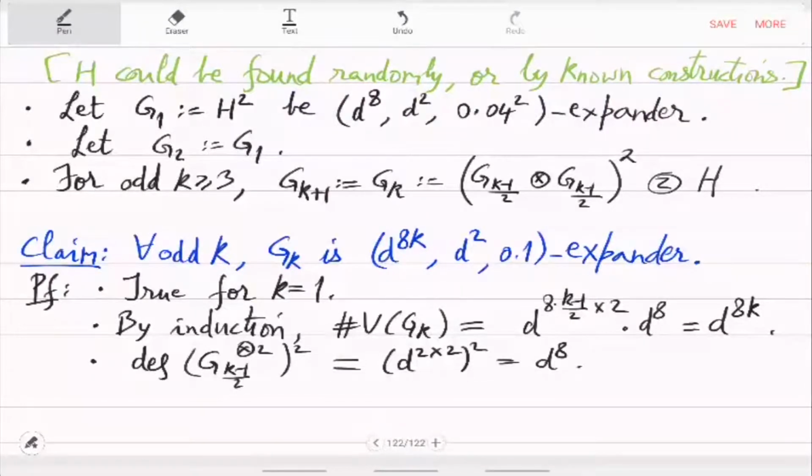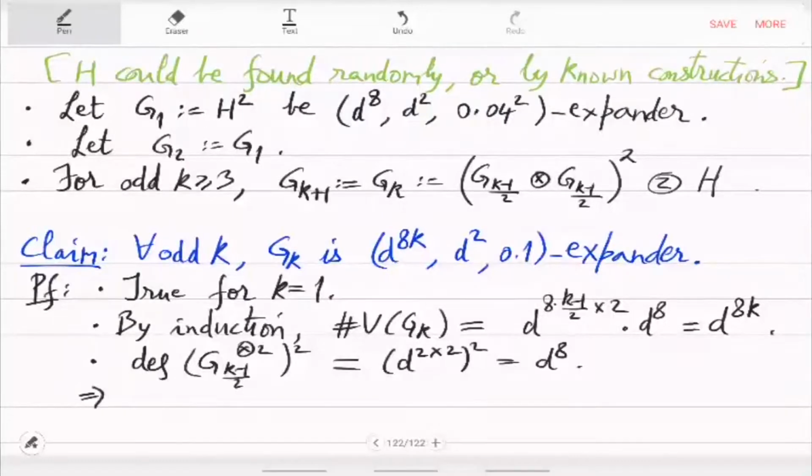So this much squaring, tensor squaring and then path squaring or matrix squaring, is giving you degree d raised to 8, so it has blown up. We want to bring it back to d square, so you take the zigzag product, which implies that the degree of this zigzag with H will be down to d square. So that also checks out.